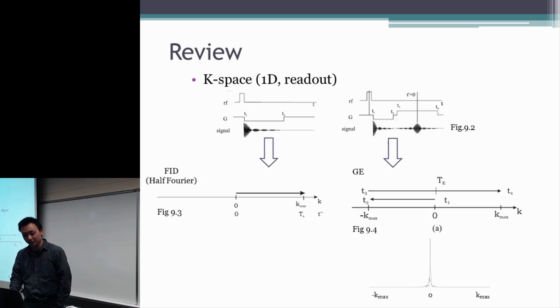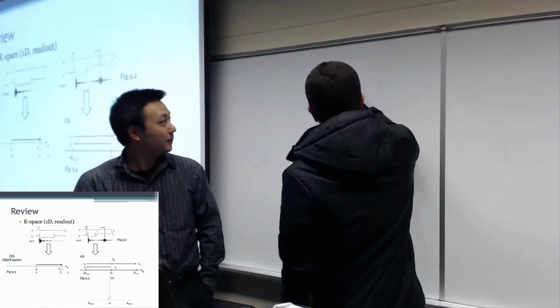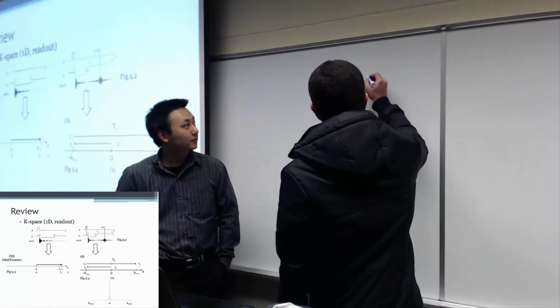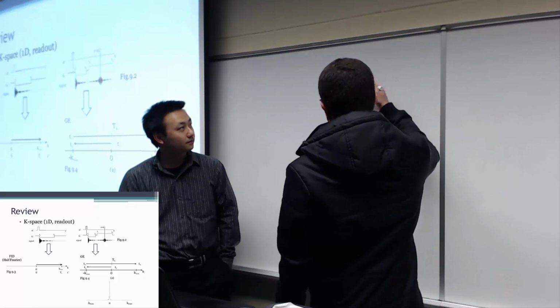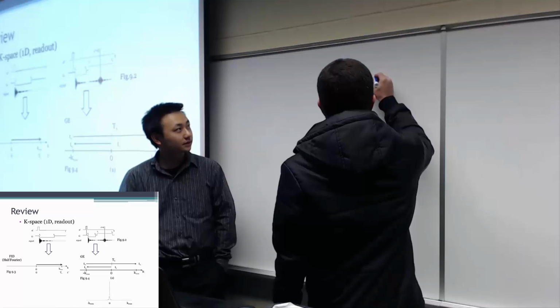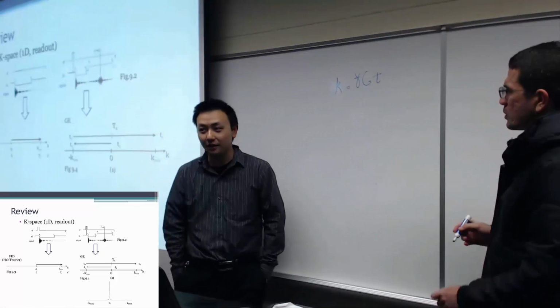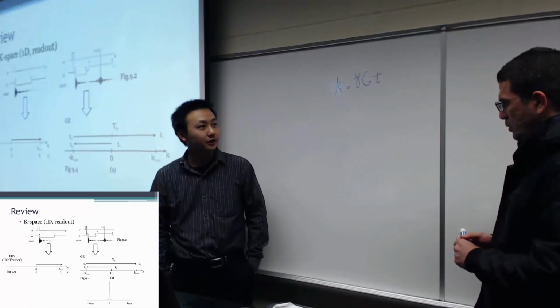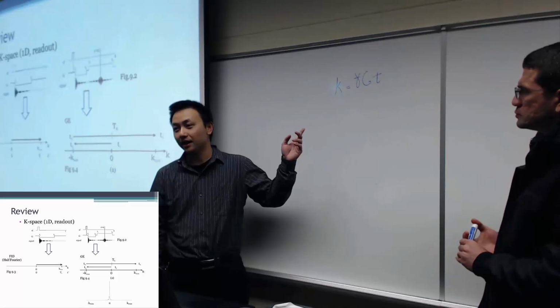As he is writing that formula. So you mean Kx or Ky? Just a general one. This is the gradient in whatever direction. Right. So this is actually a specific case where we assume that the gradient is a constant gradient.